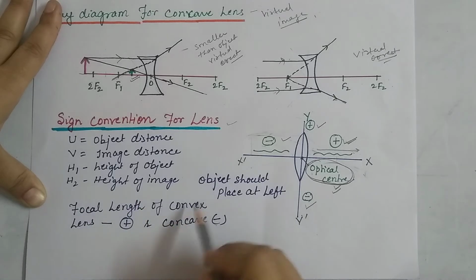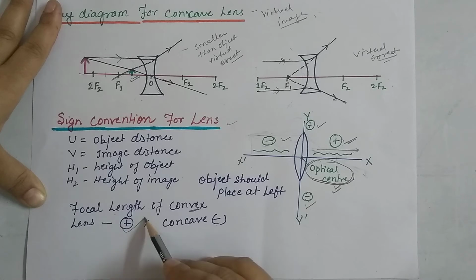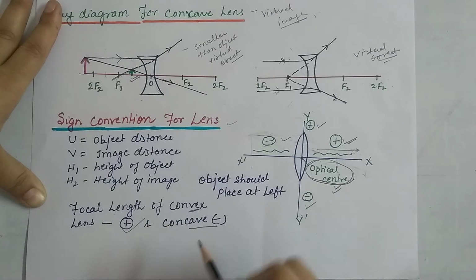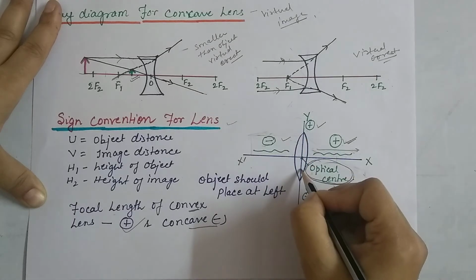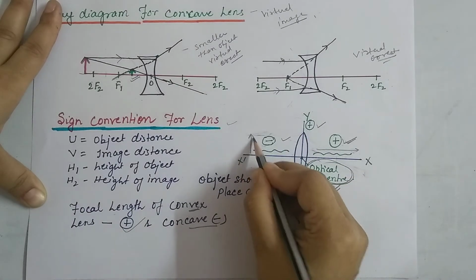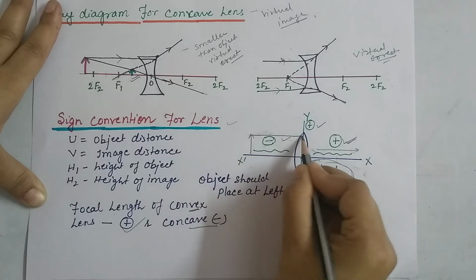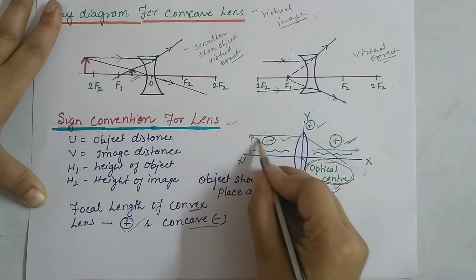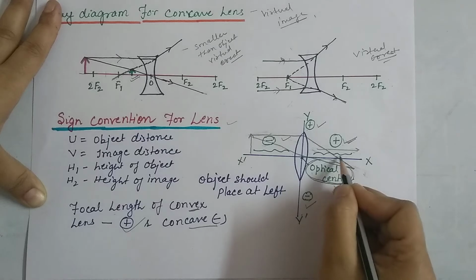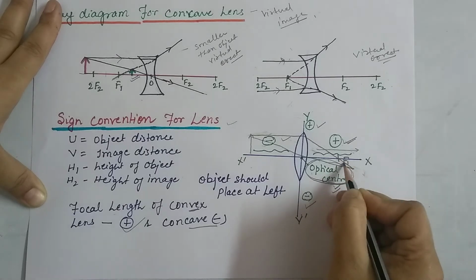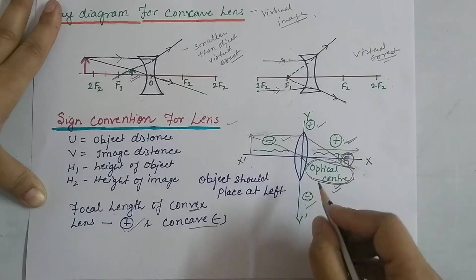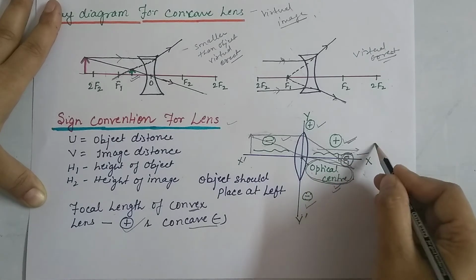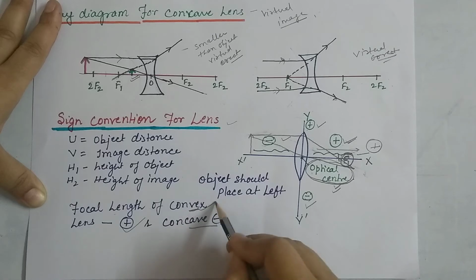Here one most important thing is that the focal length of a convex lens we take as positive, and of a concave lens as negative. So let's see, if this is your convex lens, and there is an object here and refraction takes place, here f1 is here, so we take the focal length as positive for the convex lens.